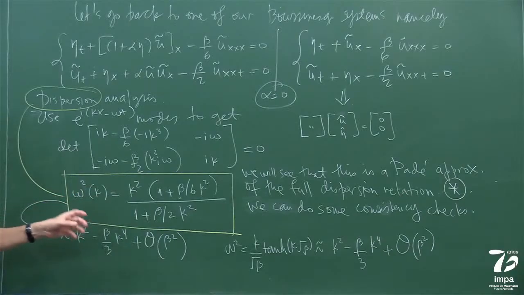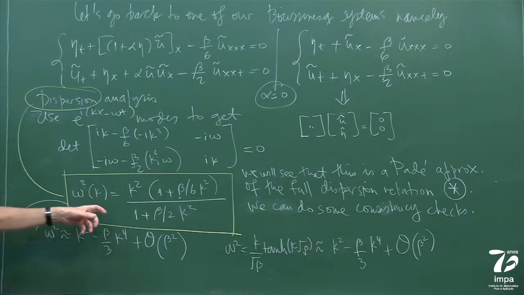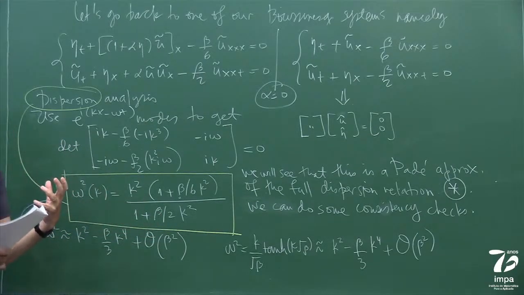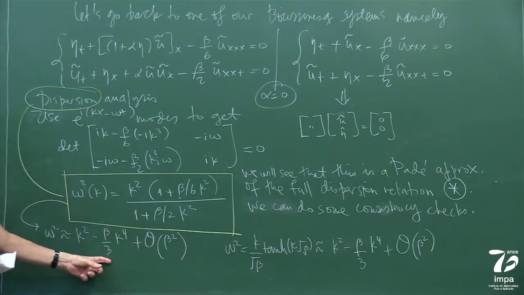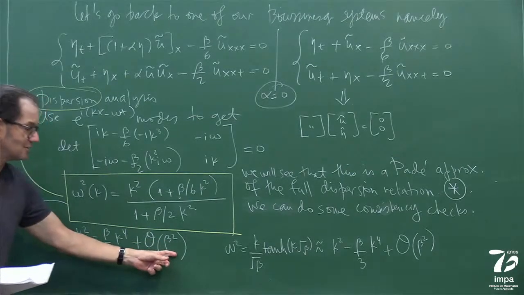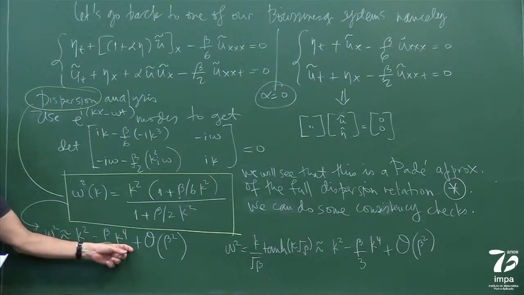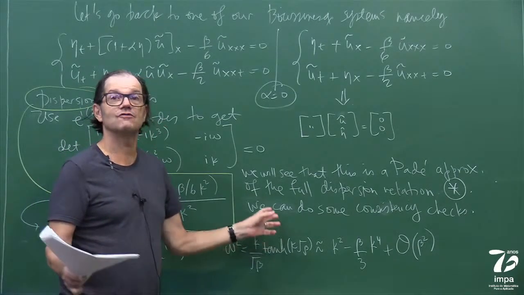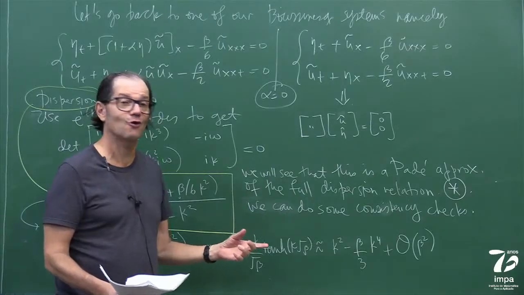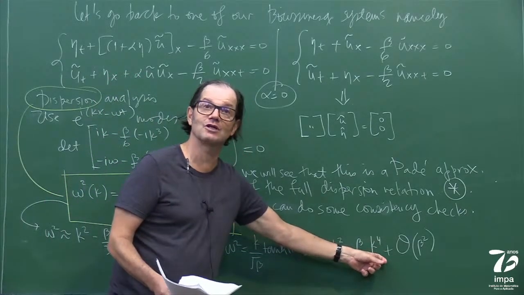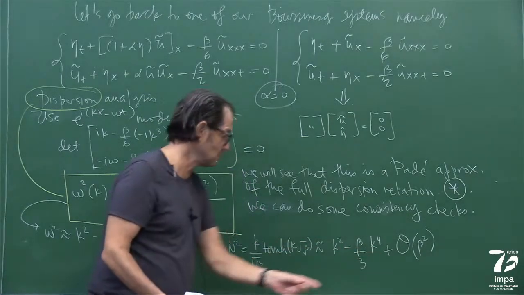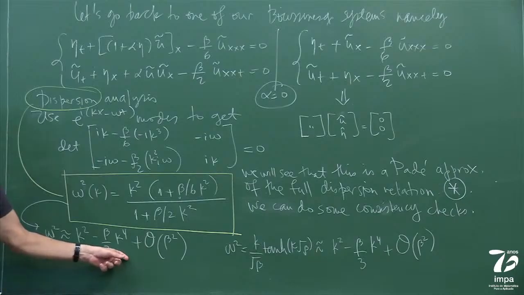Okay? But then I can compare both dispersion relations. Let me expand this so I can take a look at the leading terms of this expression. If beta is small, basically I have this fourth order polynomial. Now expand the hyperbolic tangent, and if you group terms, you see that to first order it is also fourth order in k, and these two leading order terms of the polynomial approximation are exactly the same as these two.